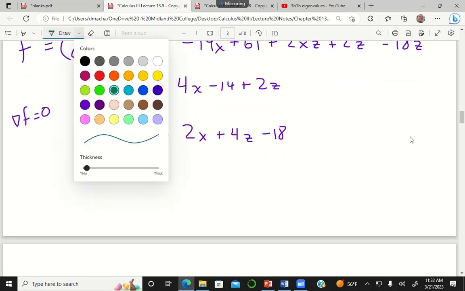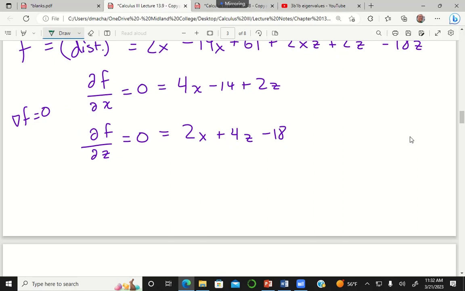This gives me two linear equations with two unknowns. I'm going to rewrite this like 4x plus 2z equals 14, and then 2x plus 4z equals 18.